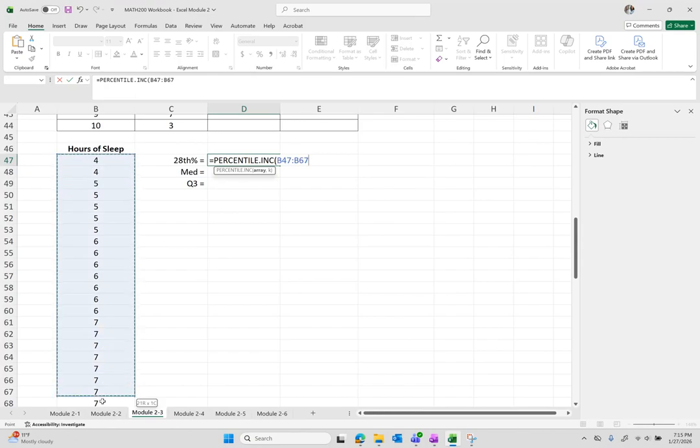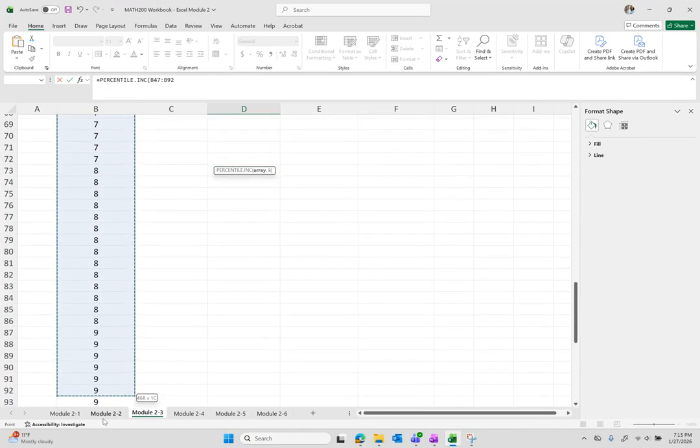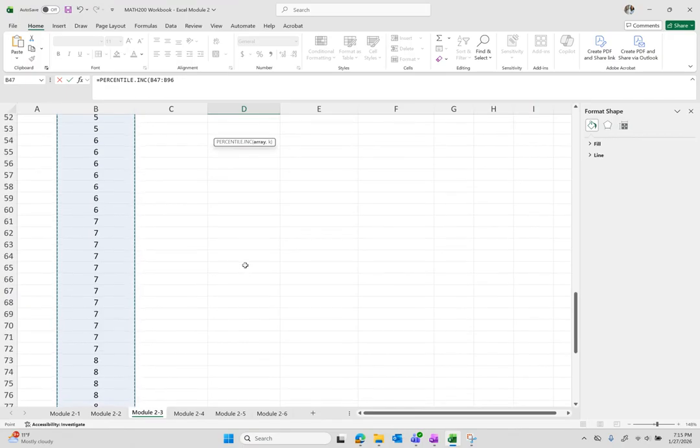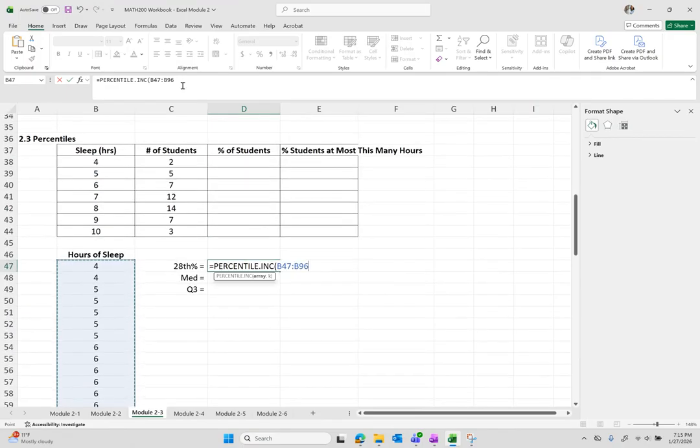I'm going to highlight all the 50 values from 4 to 10. And now that I did it, Excel has entered the range B47 to B96, and then comma, and I want the 28th percentile, so it needs the percentile as a decimal, 0.28.